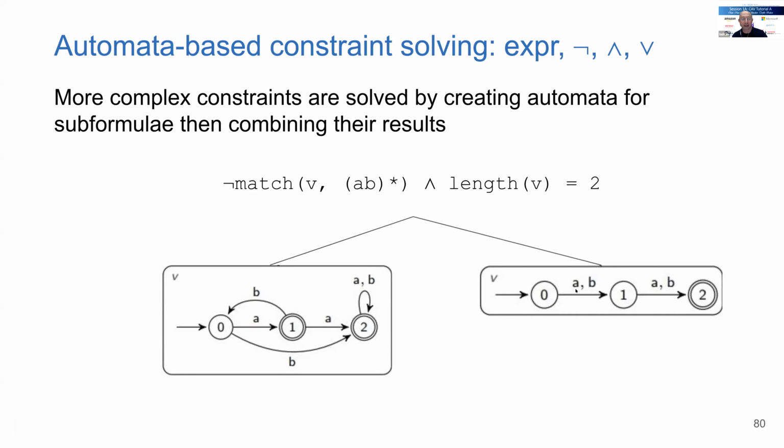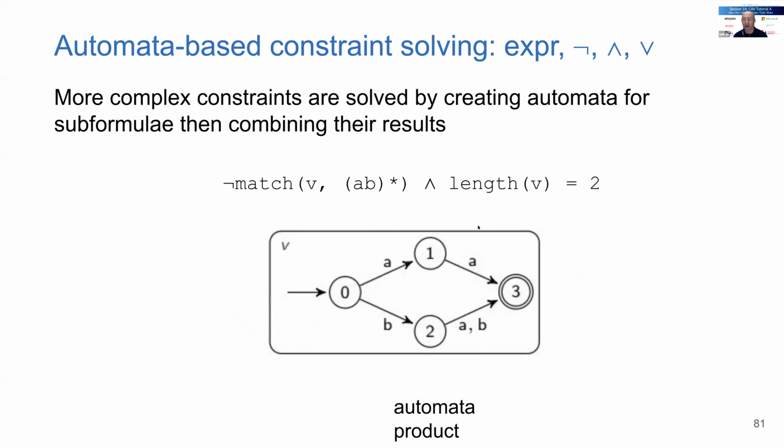I'm assuming here, just to simplify, that the alphabet is just A and B. This is the automaton for that. Now it's a conjunction of those, so I can use automata product to get this automaton, which is the set of solutions to this constraint.